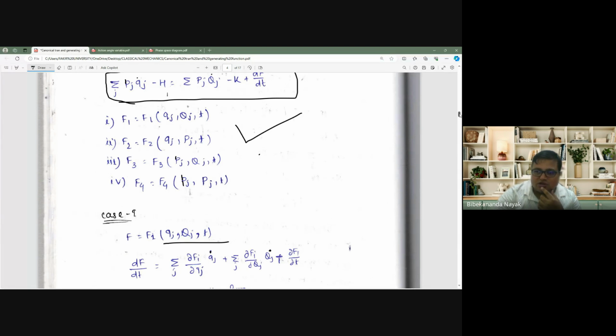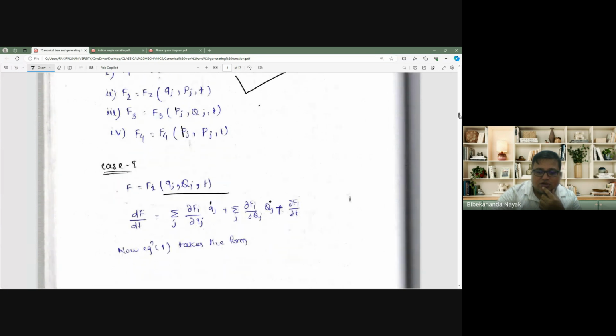If it is such a function, then what is dF by dt? Easily we can write, since it is a function of small qj and capital Qj: sum over j of del F by del qj into qj dot, plus sum over j of del F by del capital Qj into Qj dot, plus del F by del t.